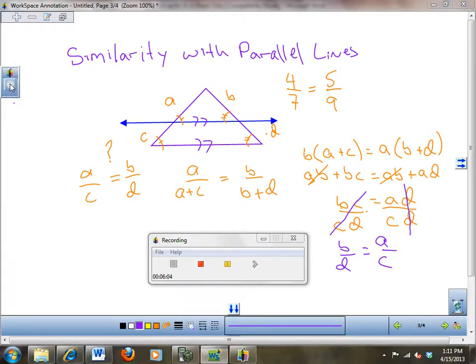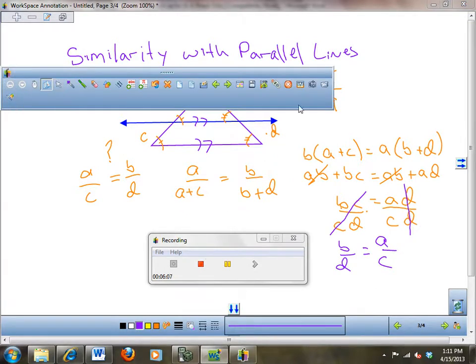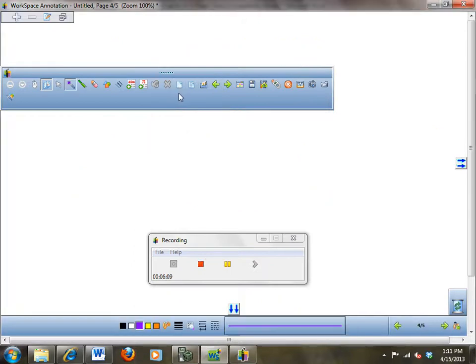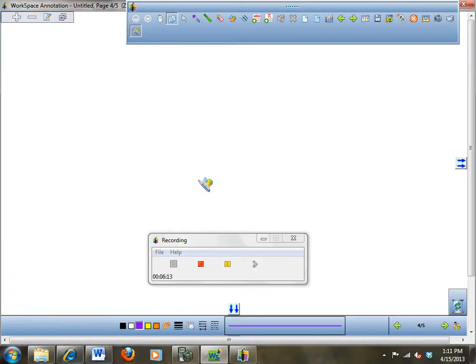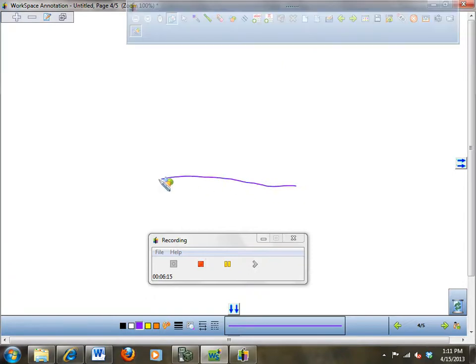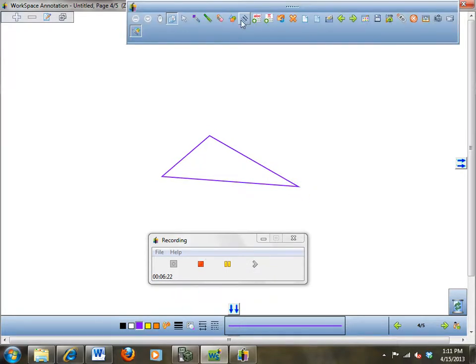So for example, say now I have a new piece of paper and I got my cool tool on my thing here. I'm running out of space too. So say I have a triangle like this. Ooh, this is a bad triangle. Okay? But it'll work because I have the tools. And then say I know that this is parallel.